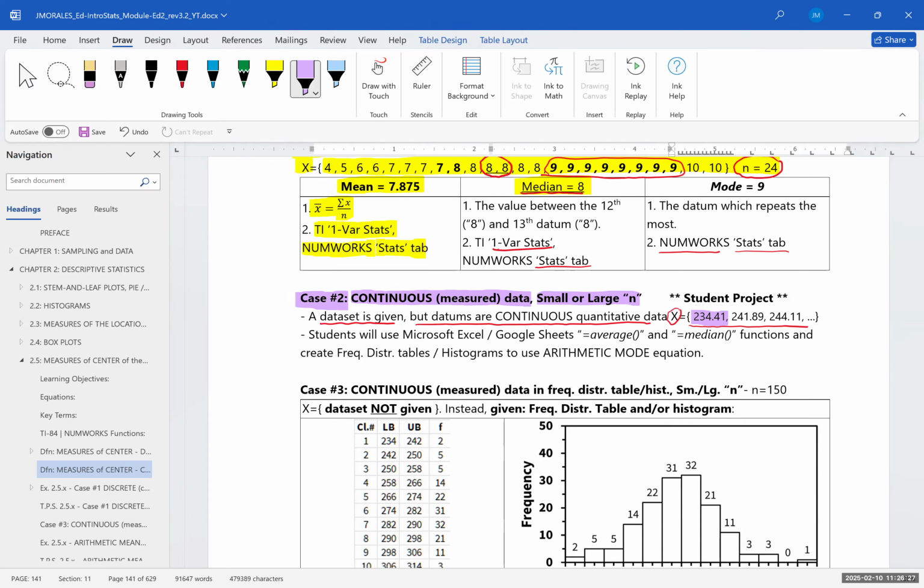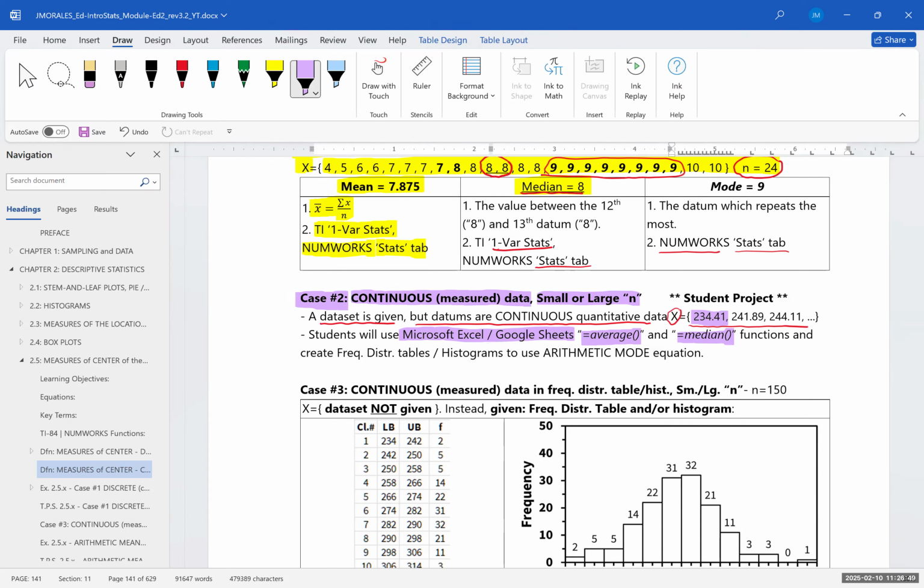Students will use Microsoft Excel or Google Sheets to get the first two measures of center, so to get the mean and to get the median. The software is going to do that for you. But you will not be able to use the mode function on Microsoft Excel and Google Sheets. It'll give you the wrong answer.